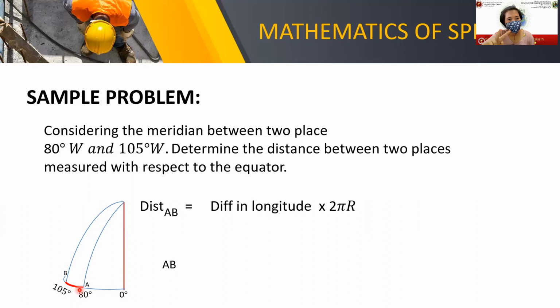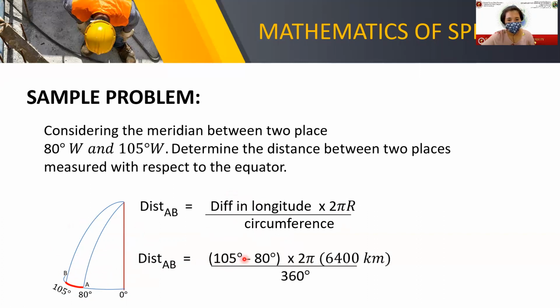So just 105 degrees minus 80, which is how long that is in degrees, times 2 pi r, divided by the whole circumference, since it is on the equator.